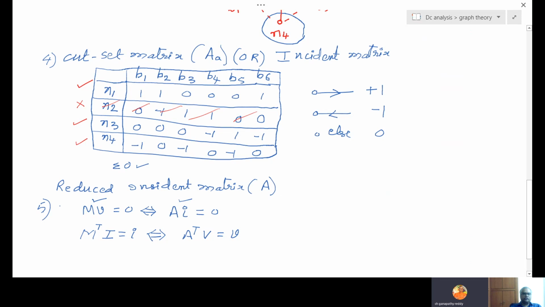Here MV equal to 0 is KVL and AI equal to 0 is KCL. This represents mesh, this represents nodal. Whereas this one is KCL, this represents KVL.